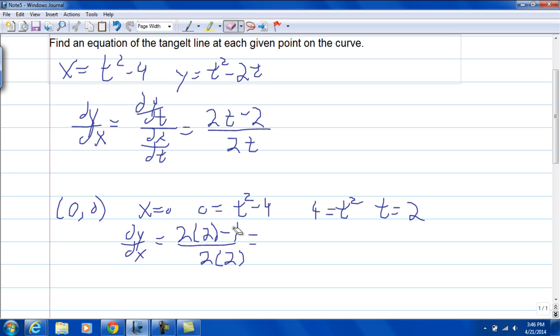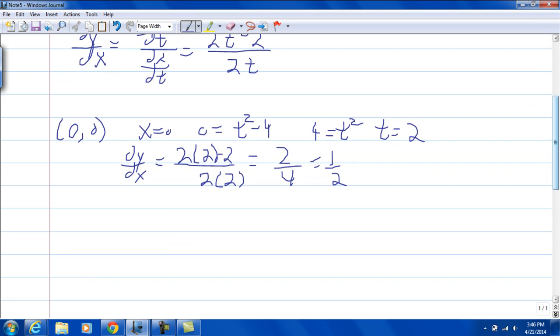It was minus 2, not 4. So that's 4 minus 2 is 2 over 2 times 2 is 4. That's 1/2. So given the point is 0, 0, our y-intercept is 0, so the equation is y equals 1/2 x.